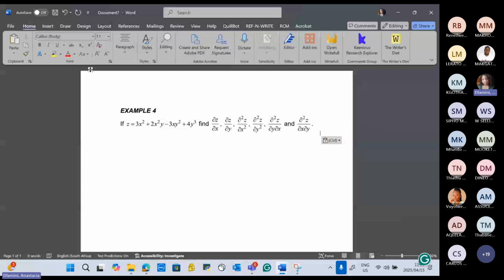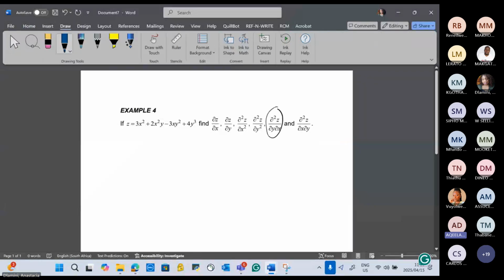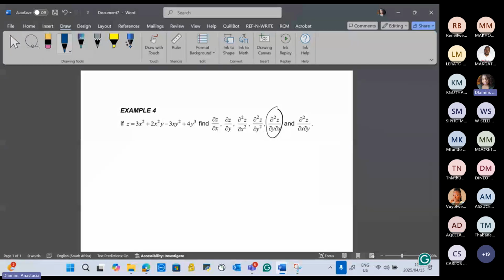The next one, what does it want us to do? You tell me this one. You're supposed to take the partial derivative with respect to y of the partial derivative of z with respect to x.